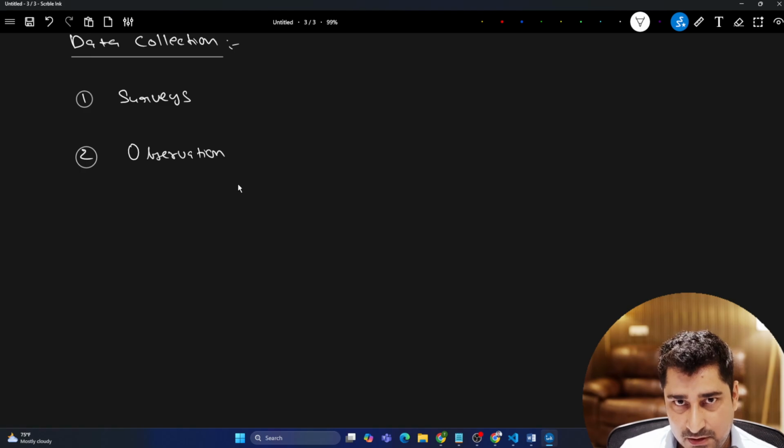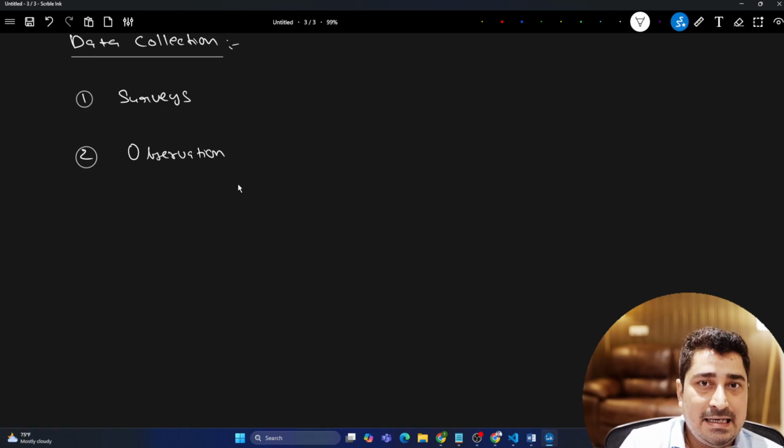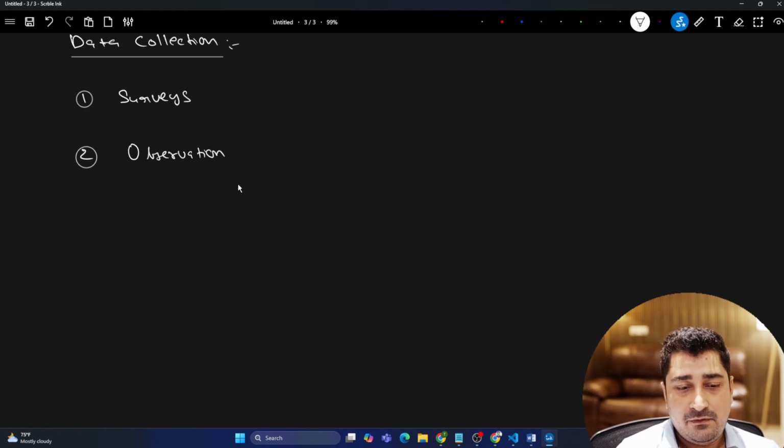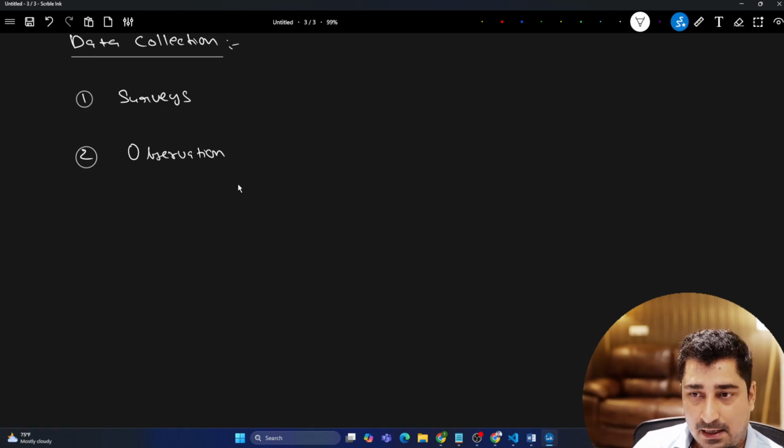Coaches also observe, and based on the readings the coach has taken during that observation, they prepare their team, give feedback, build the analogy, and build some sort of statistical analysis on top of it. So this is another way by which you can collect data. Now the third way, I can say, is experimentation.